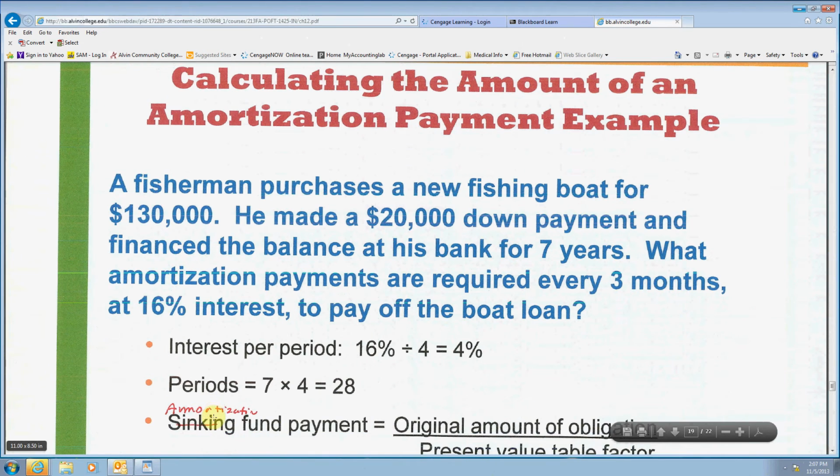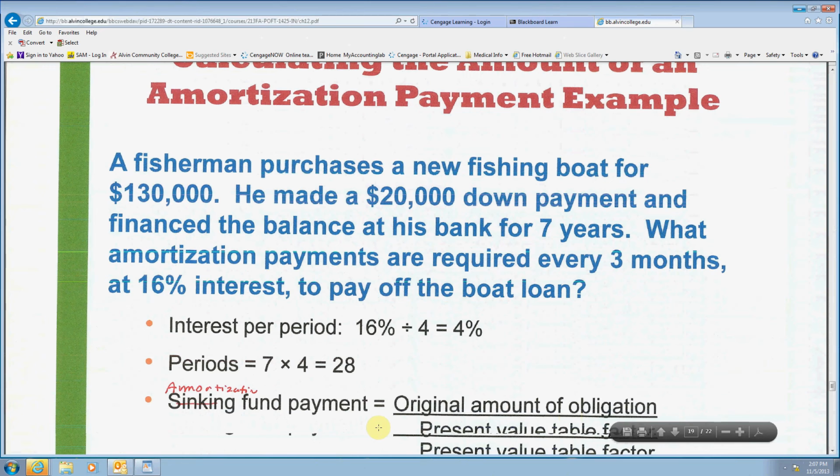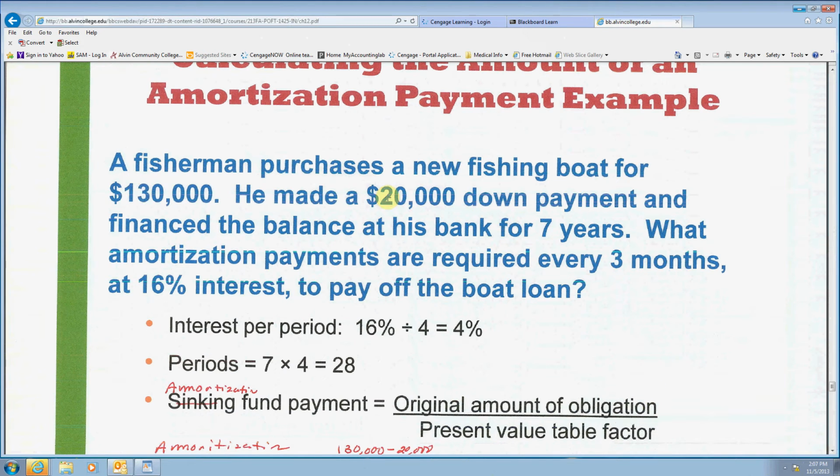And this should say amortization fund payment is the original amount of the obligation divided by the present value factor. So the original amount of the obligation is $130,000 minus the $20,000. So what has been loaned is $110,000.